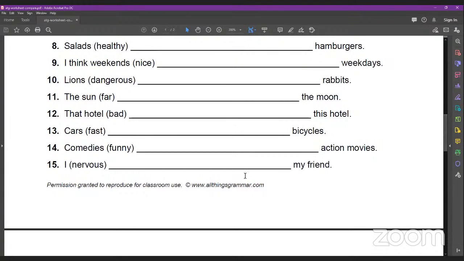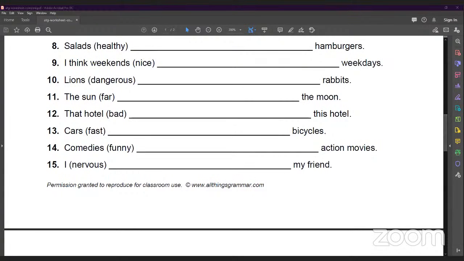A new volunteer for exercises number 8 and 9.